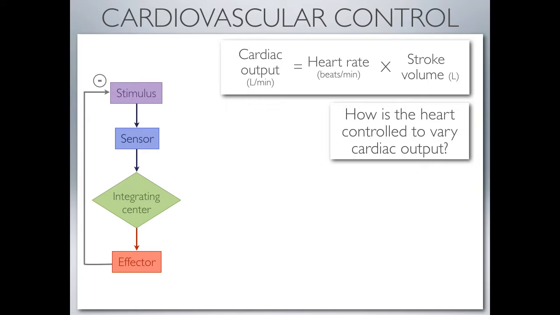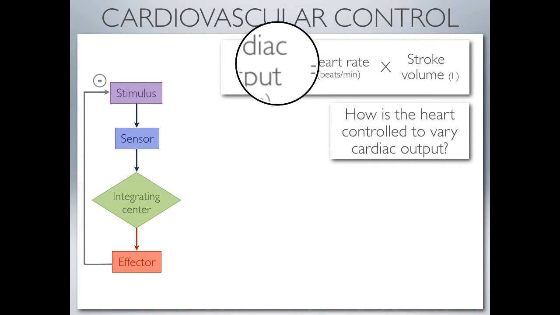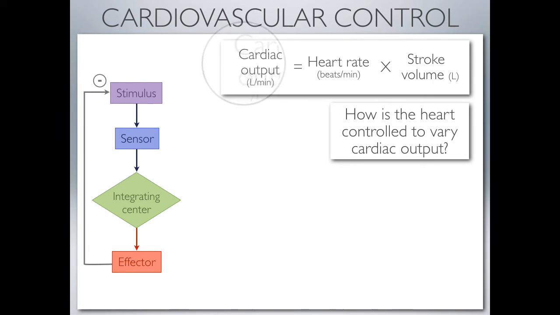The cardiac output sets the flow rate for the body. Recall that flow rate is in liters per minute. That is the same thing as the cardiac output. And so before we talked about how, through the law of continuity, you can predict the flow speed as the product of the speed and the cross-sectional area, and that is equal to the cardiac output.